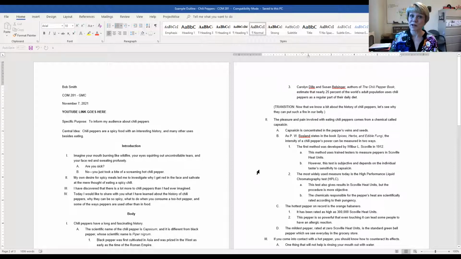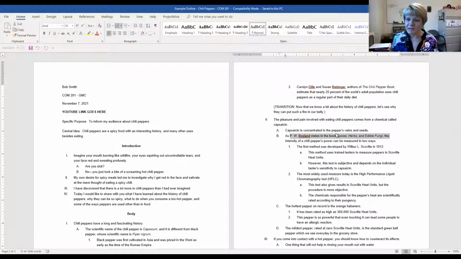And this person did a better job, with his second point, in making sure that the citation is closer to the beginning of the section. So capsaicin is concentrated in the pepper's veins and seeds, as P.W. Bosland states in the book Spices, Herbs, and Edible Fungi. The intensity of a chili pepper's power can be measured in 2 ways.